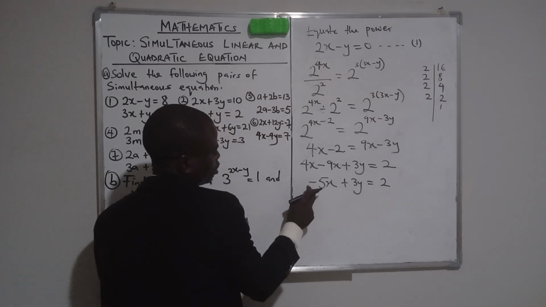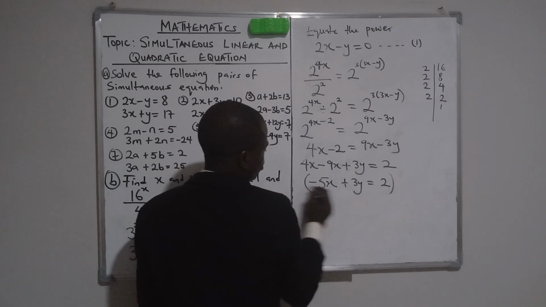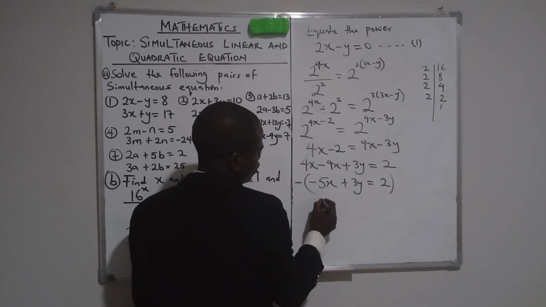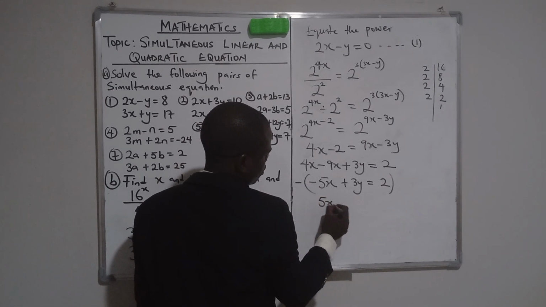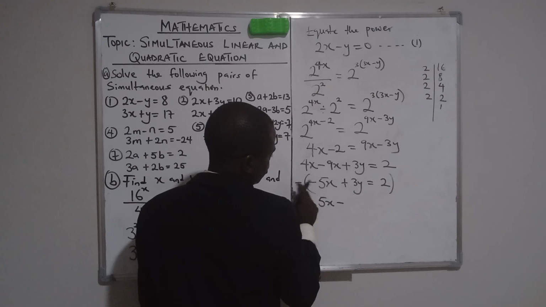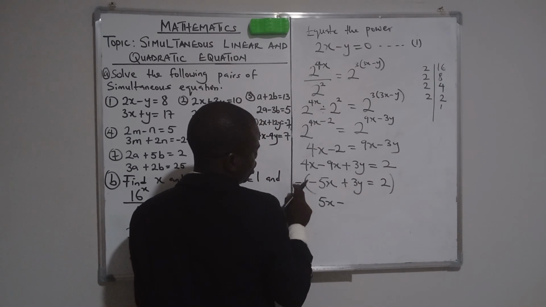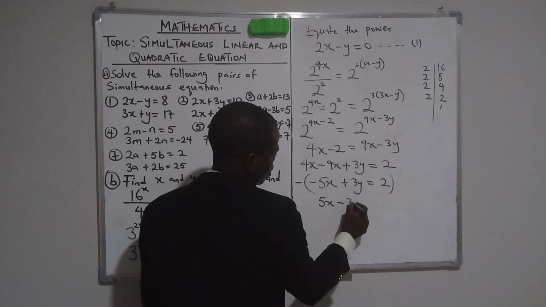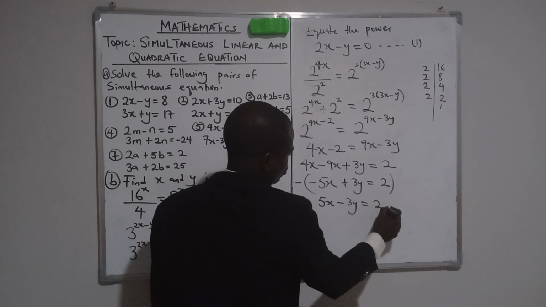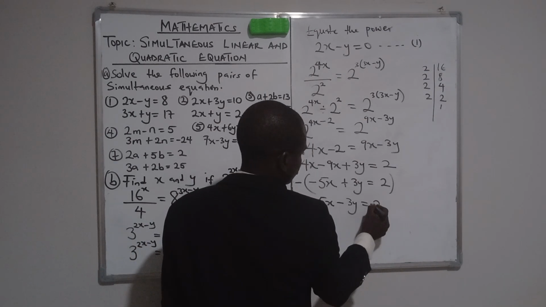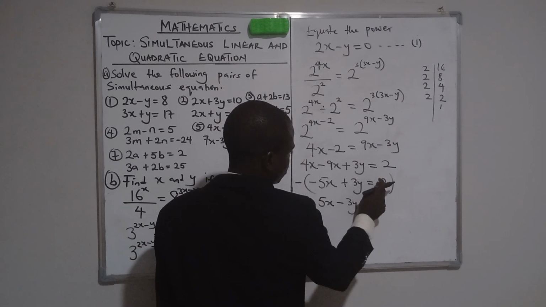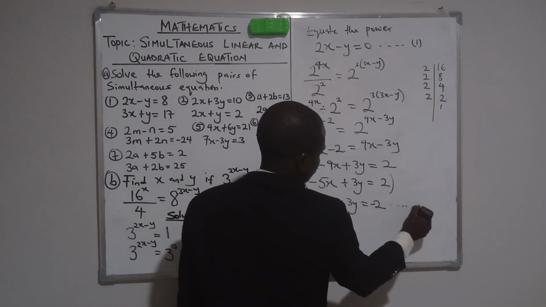You want to remove the negative here, so multiply through by negative. You're having 5x, because negative and negative is positive, negative times positive is minus 3y, equals minus 2, because minus 2 will affect this also. This is our equation 2.